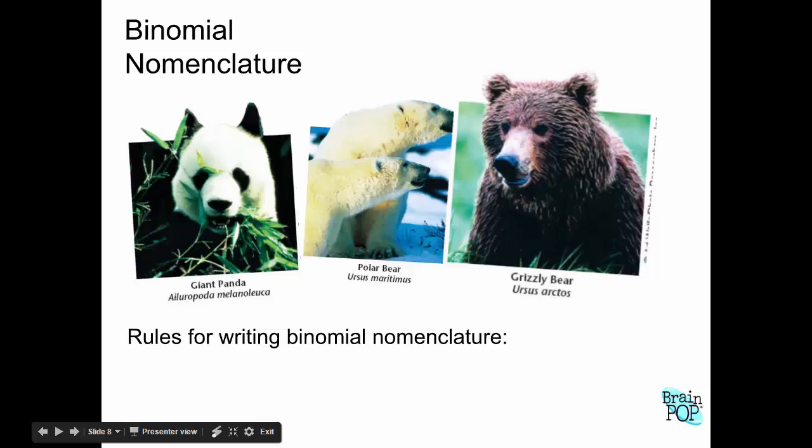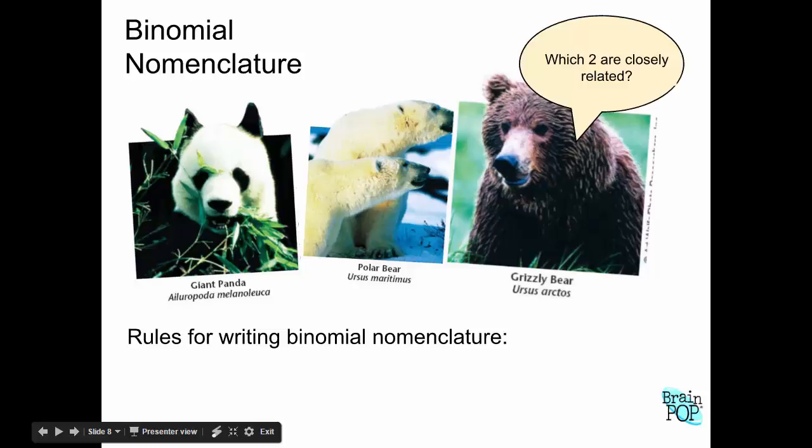What else do you notice? Dave? For polar bear and grizzly bear, both of them have Ursus. Yes, they're in the same genus, correct. How about capitalization? Evan? The genus is capitalized, the species part is not. Those are the rules.